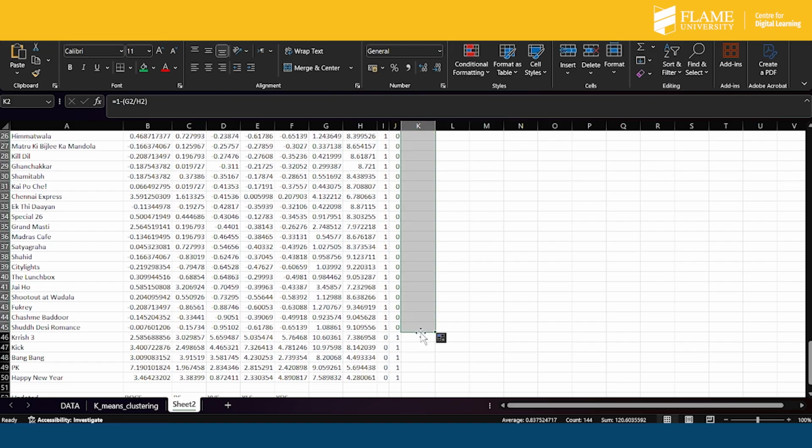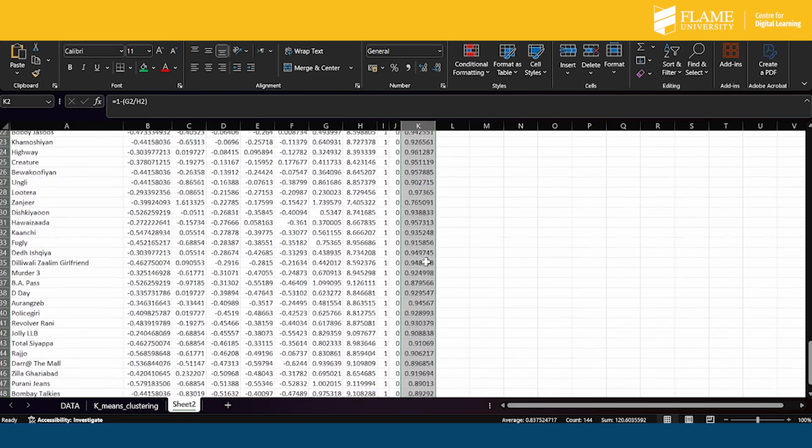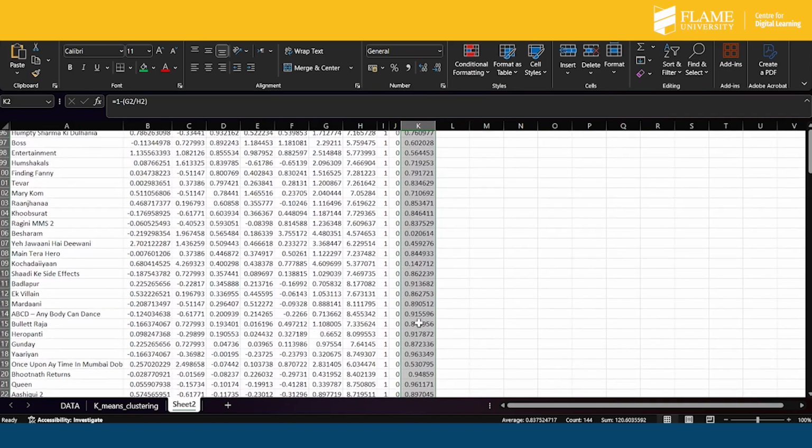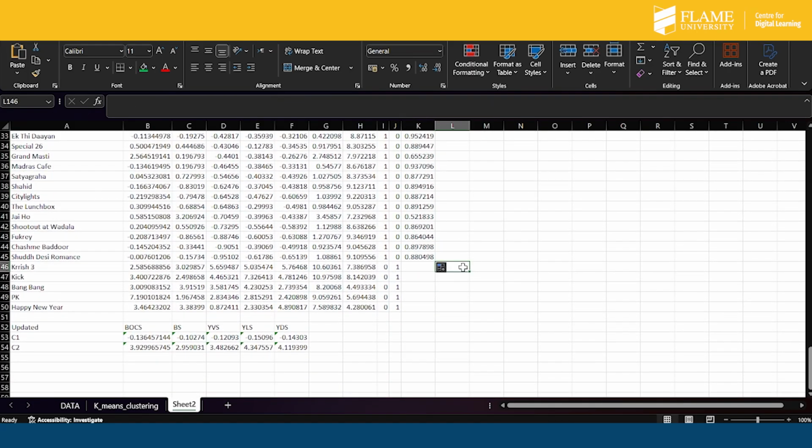So till now, these are the silhouette scores for each member. Now similarly, you can calculate the silhouette score for these points, 1 minus, in that case it will be this divided by this, meaning distance from its own centroid divided by distance from its nearest centroid. So if I put this, these are the silhouette scores.